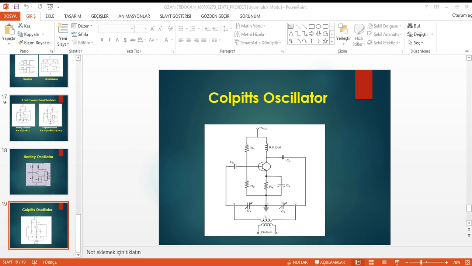Now the circuit operation. When the collector supply is given, a transient current is produced in the oscillatory or tank circuit. The oscillatory current in the tank circuit produces AC voltage across C1 which is applied to the base emitter junction and appears in amplified form in the collector circuit and supplies losses to the tank circuit.